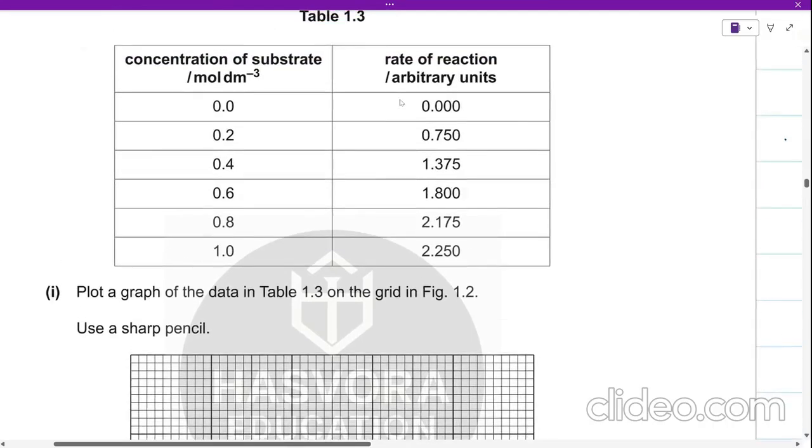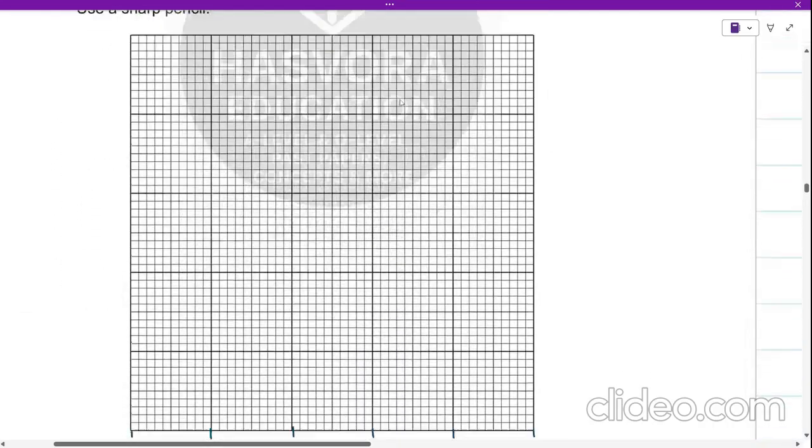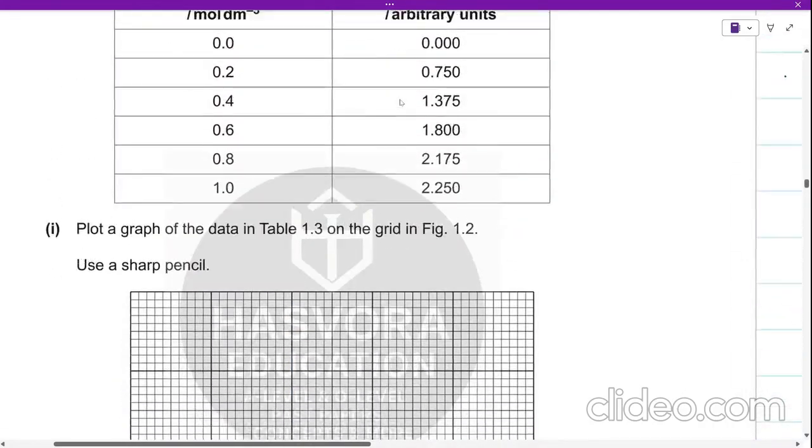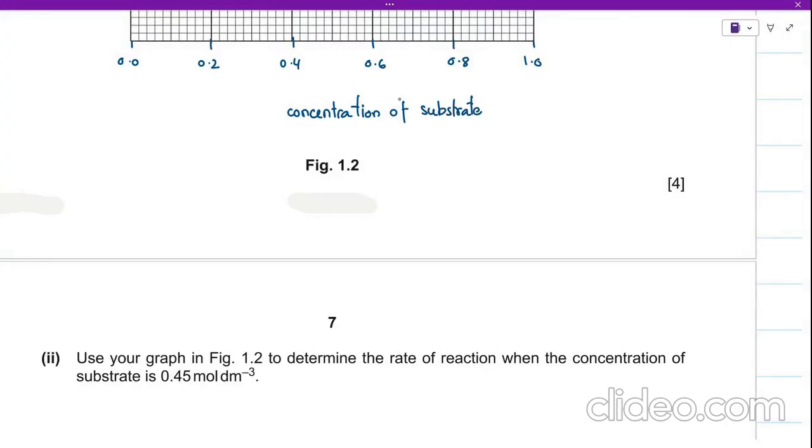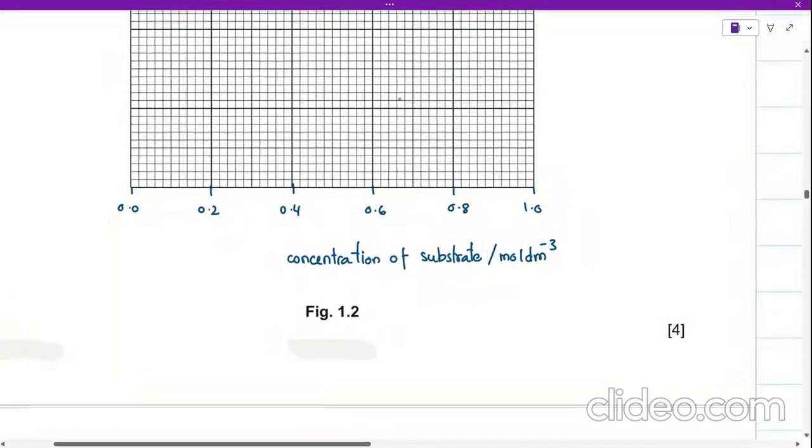Now the x-axis has the concentration of substrate in mole per dm cube.